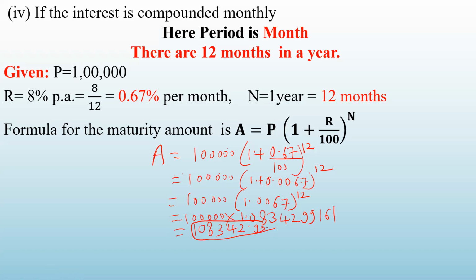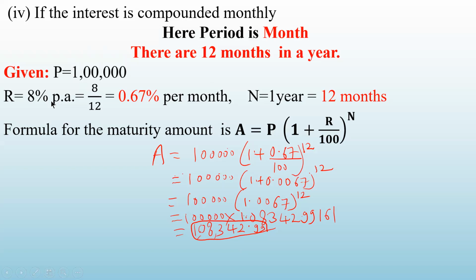So the accumulated value is 1,08,342.99. Okay. So the same problem where the principal kept in the bank was 1 lakh, rate of interest was also 8% per annum, and the time was also 1 year.